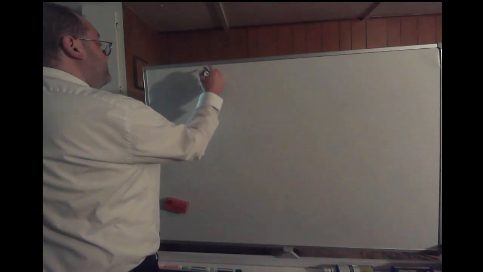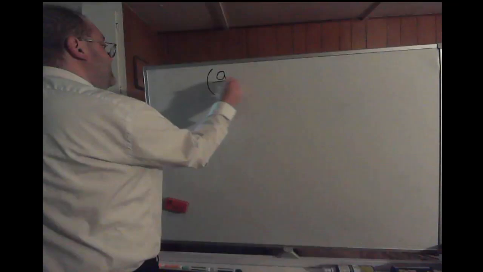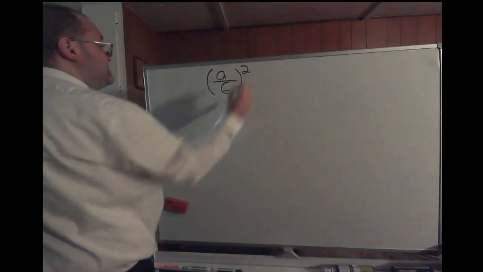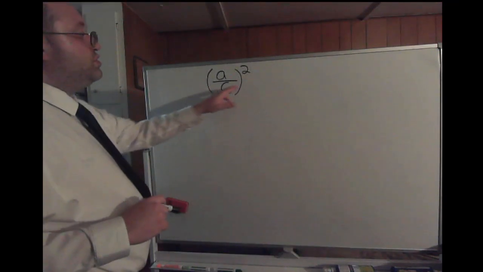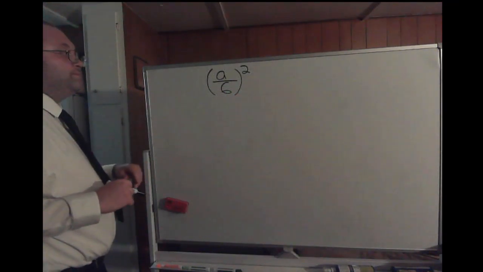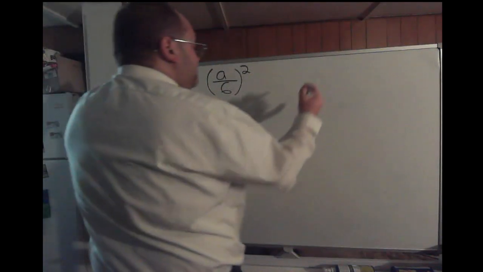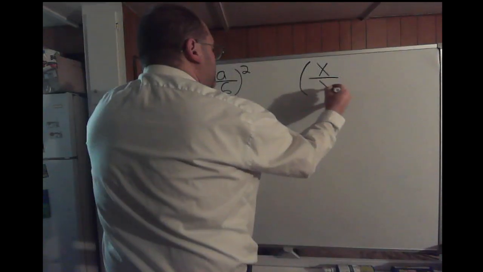Now, what if we're going to shift a little bit. What if we had something like this? We have a over 6 to the second power. Well, how do we deal with a quotient to a power? Let's say, in general, we'll just do x over y.